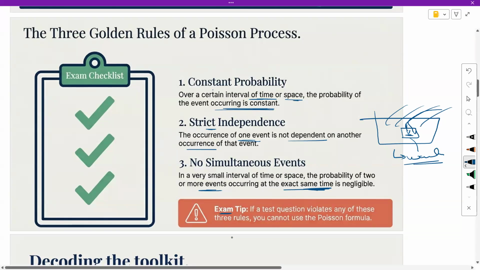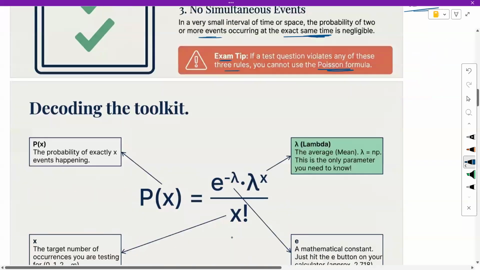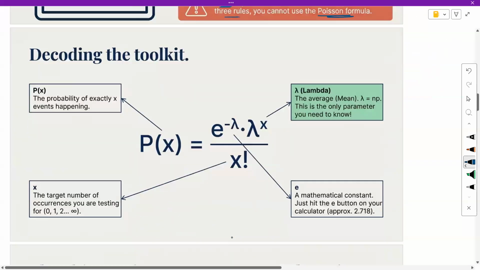If a test question violates any of these three rules, you cannot use the Poisson formula. Keep that in mind. And now we move to the formula for calculating Poisson probability distribution.